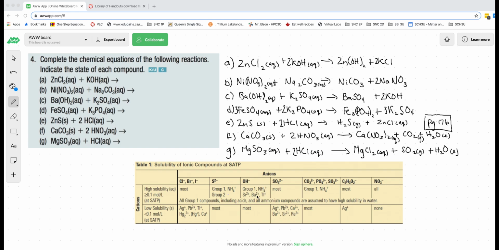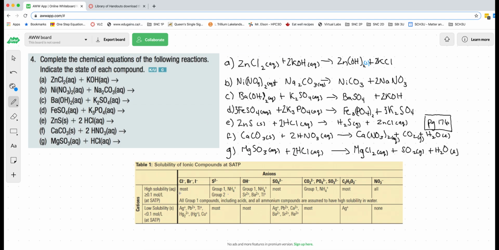If it's ammonium, strontium, barium, thallium, it's not. So it's in most. So zinc will have the solid symbol beside it, because you go down the group and zinc falls here, and then line it up, meaning it has low solubility for zinc. So you'd put S beside it.